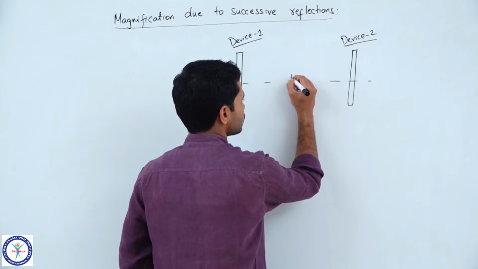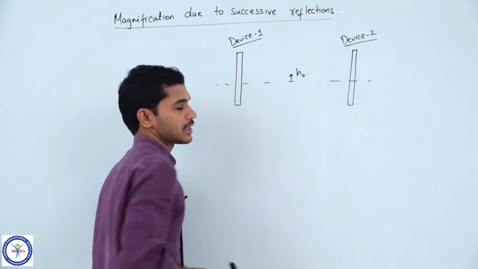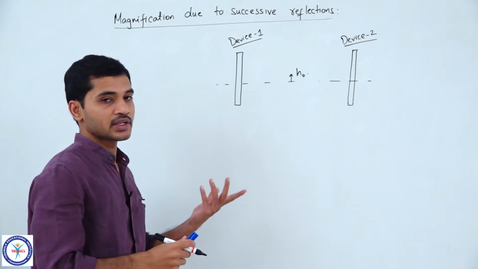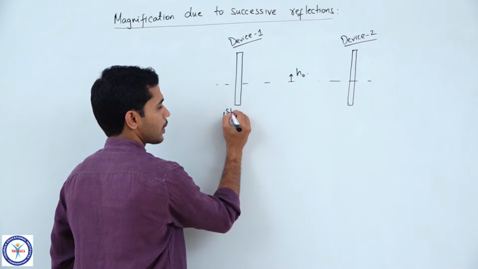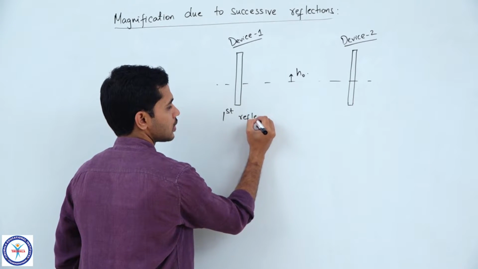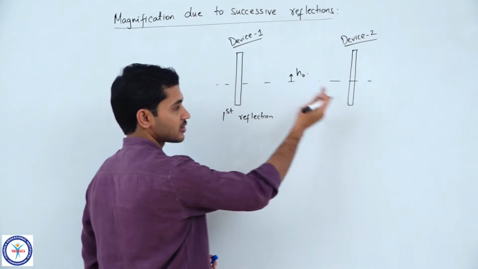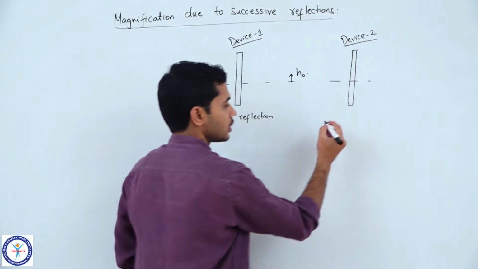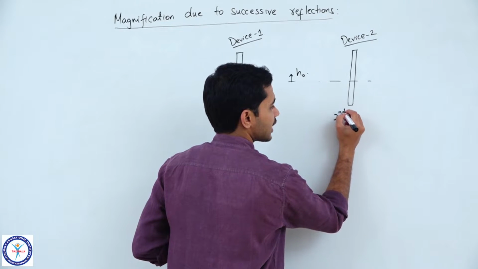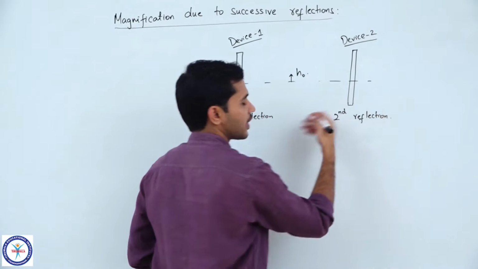Let us say there is an object placed here, and let us call the height of the object HO. In such a scenario, let us consider the first reflection here, and later the image formed by this device will act as the object for the second. Let us try to write the equation. This is where the second reflection occurs, and after that the final image is formed.